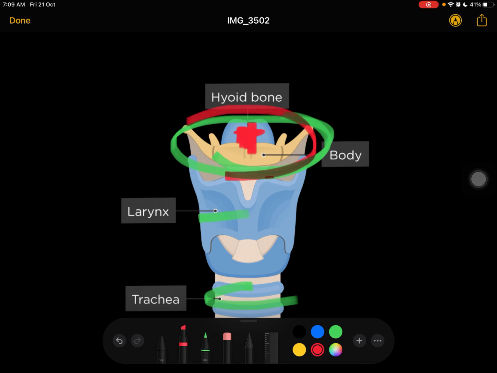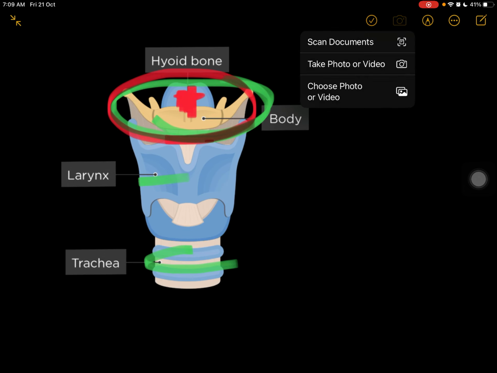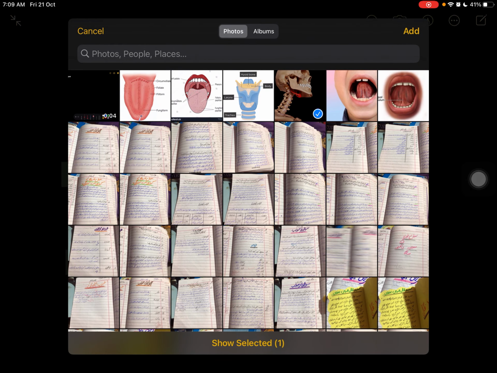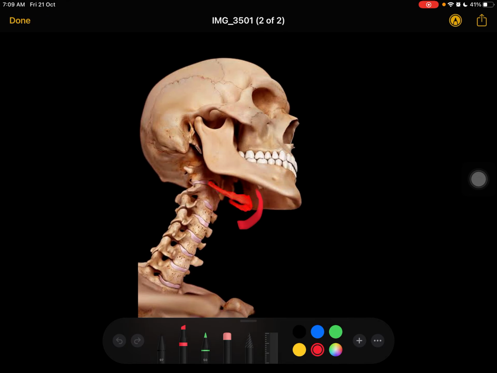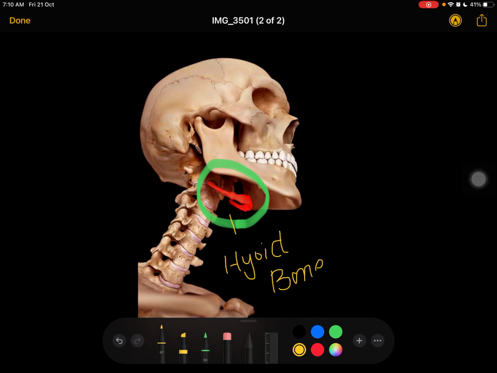So here it is located, and it is the only bone in our body which is not attached to any other bone, right? You can see over here the region where the hyoid bone is present.